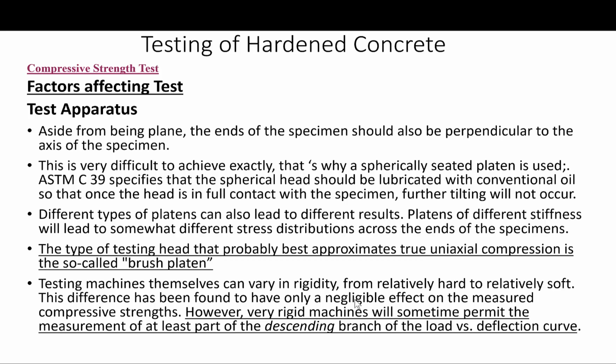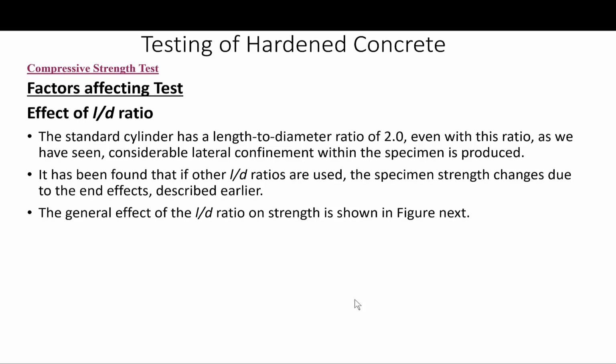The next factor is the length to diameter ratio. The standard cylinder has a length to diameter ratio of 2, although, as we have seen, this still produces considerable lateral confinement within the specimen.